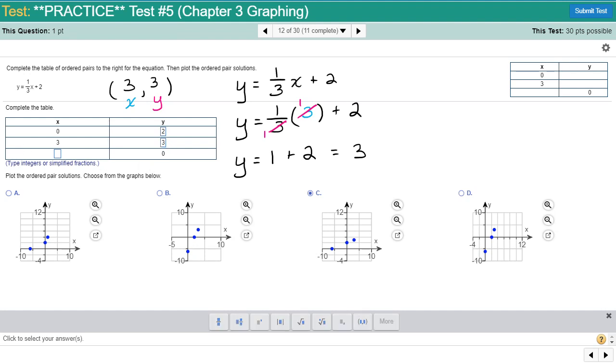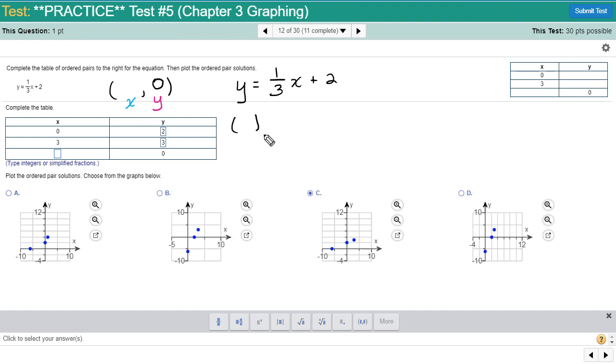All right, fair enough. And last but not least, let's go ahead and find the ordered pair for the third row. And we can see that with the third row, we've been given no x, but we are given the y. So let's plug in y to the equation and see what happens.